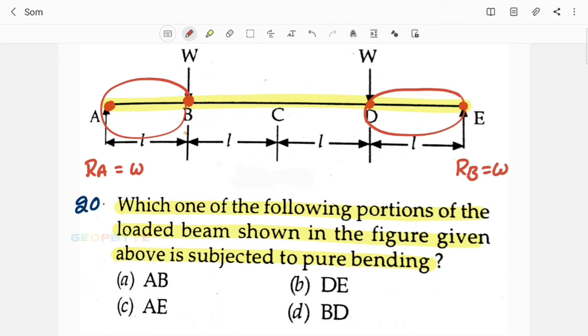But the shear force between B and D equals 0.